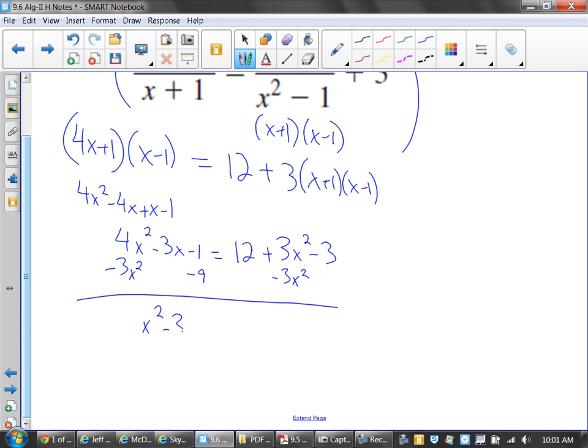X squared minus 3x minus 10 is 0. What times what is negative 10 and you add together to get negative 3? 5 and 2?